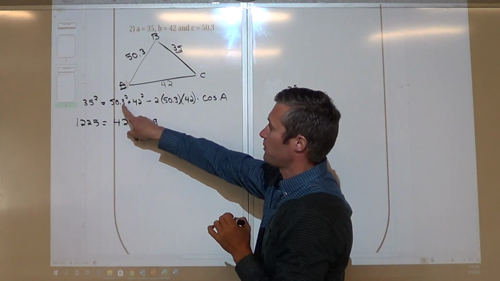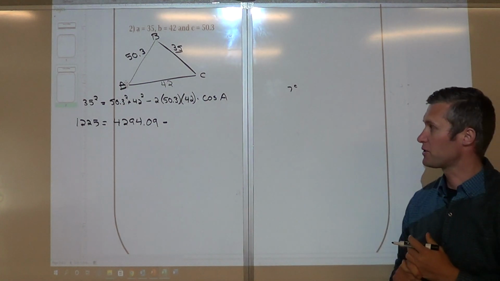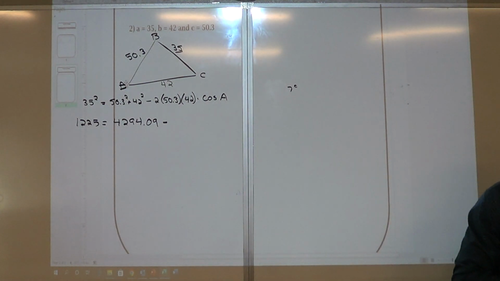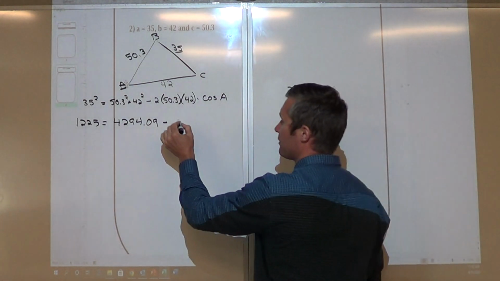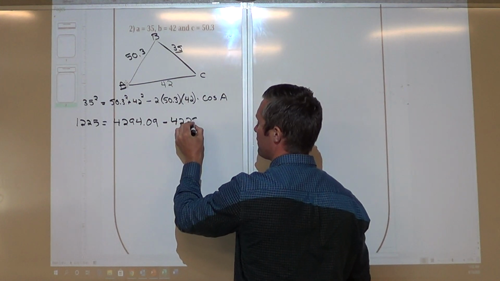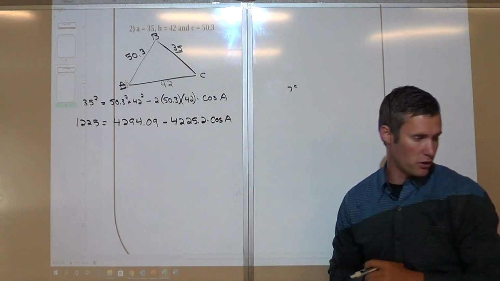So that squared plus that squared equals that, minus 2 times 50.3 times 42, equals, oh, there we go, wrong one. Okay, equals 4,225.2 times cosine A. So look at those numbers.